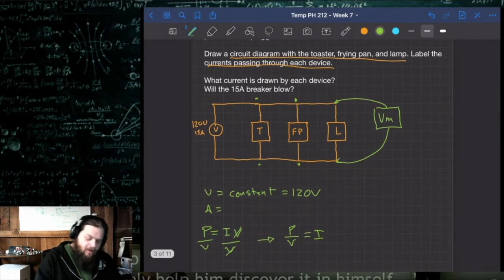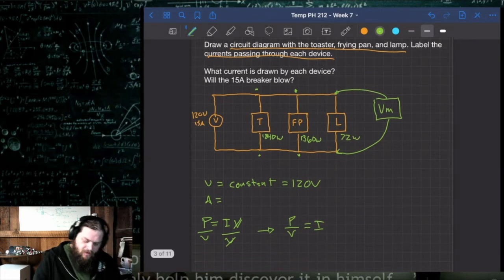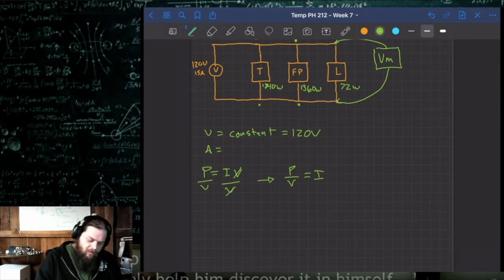So I'm going to write the power on each of these. So it's 1840 watts. That's 1360 watts. And that's 72 watts. So to find the current going through each of these devices, we can take the power individually and divide them by 120 volts.